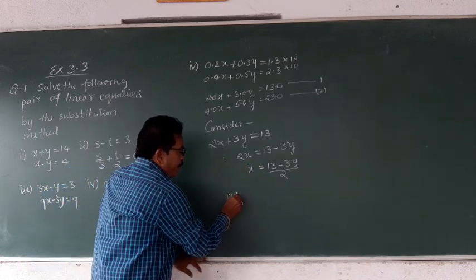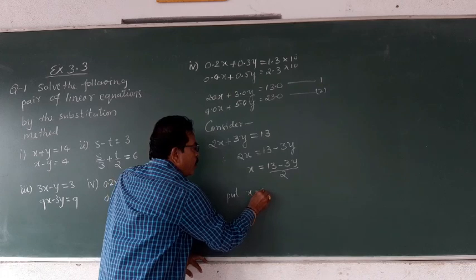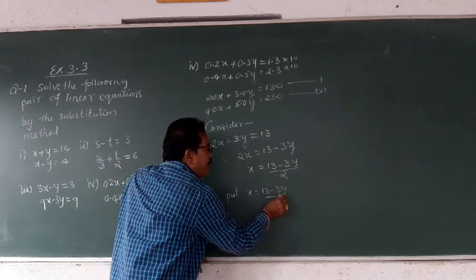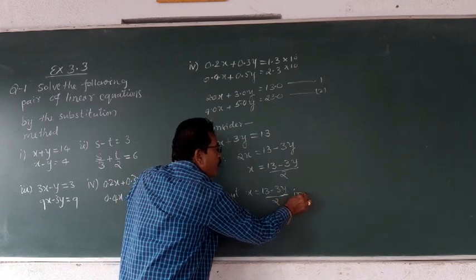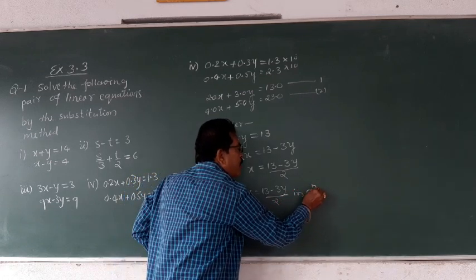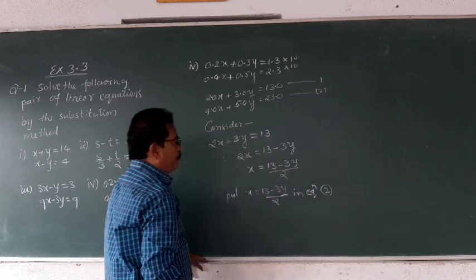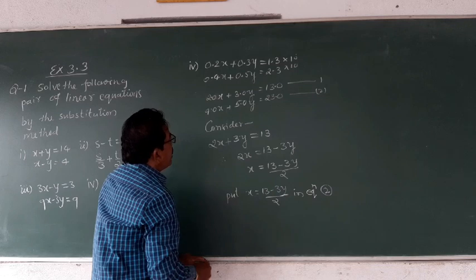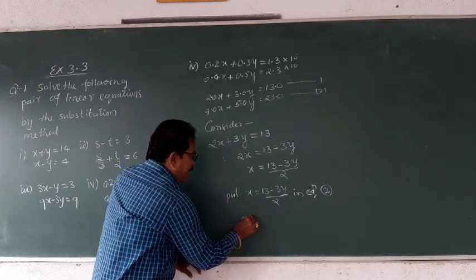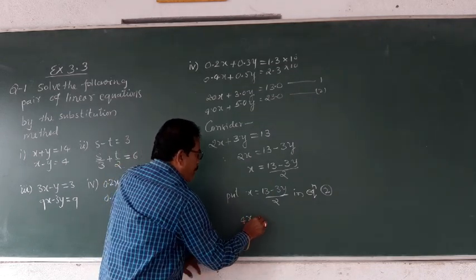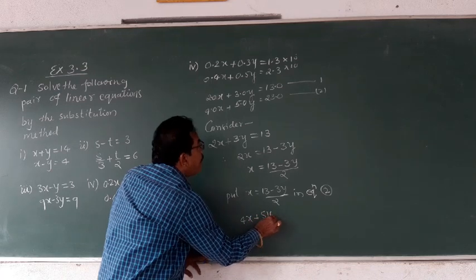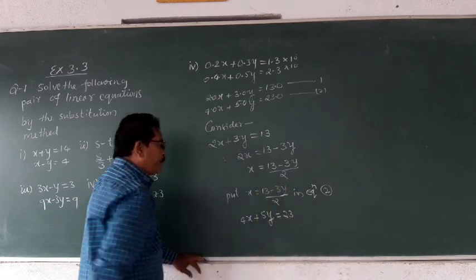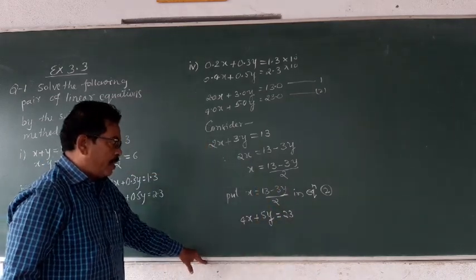Put x equals 13 minus 3y divided by 2 in equation 2. Equation 2 is 4x plus 5y equals 23.